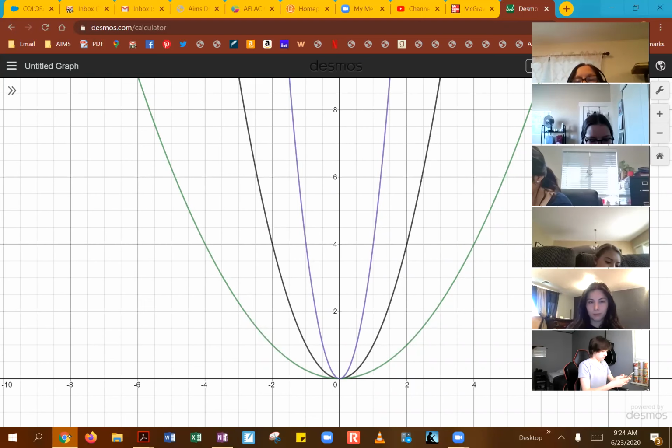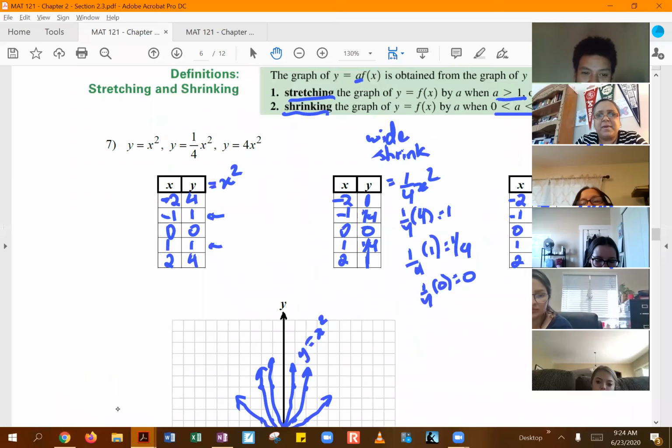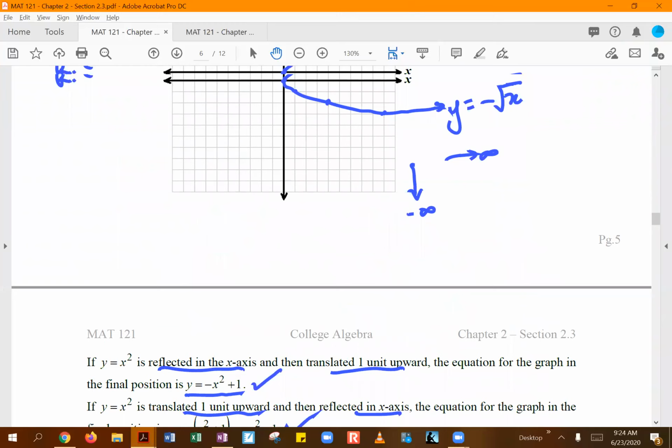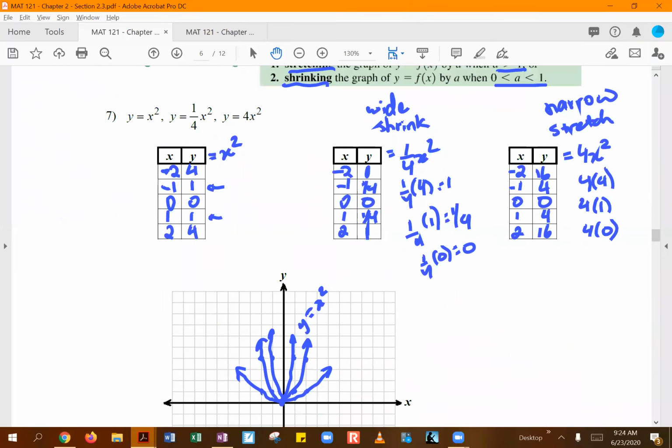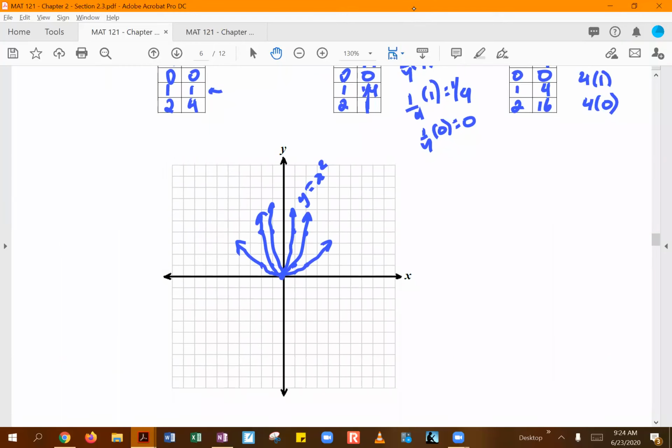Any questions on this, guys? Okay, what do you think is going to happen to the domain and range for all 3 of these functions? So just looking at the graph, by doing that stretching and shrinking, did it change the domain and range?